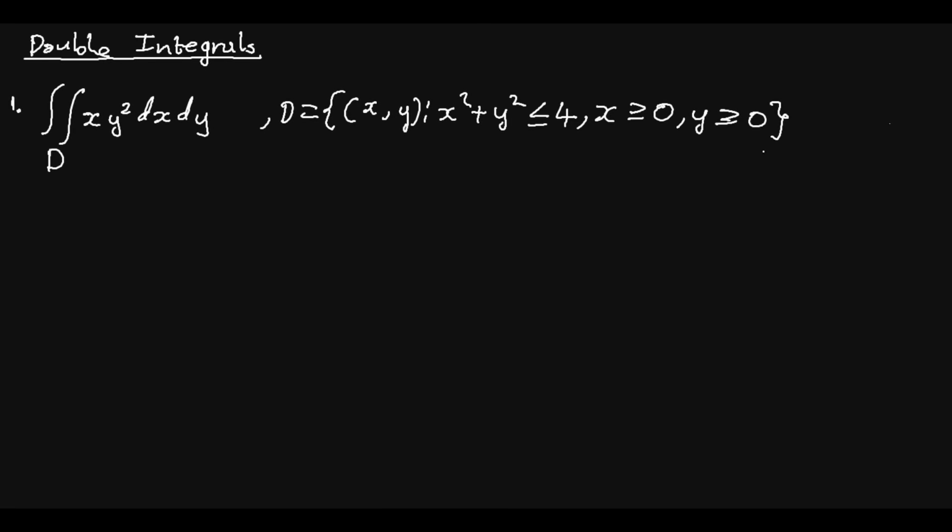Okay, right. So this is the problem that we have to solve, and they tell us we must solve it in polar form. So we must change from this rectangular system into polar system.